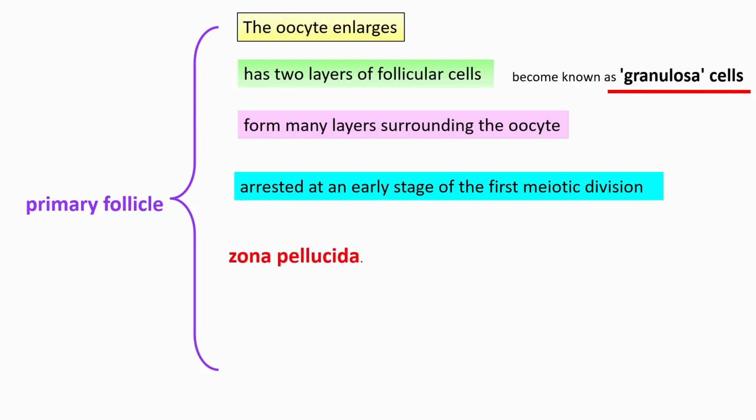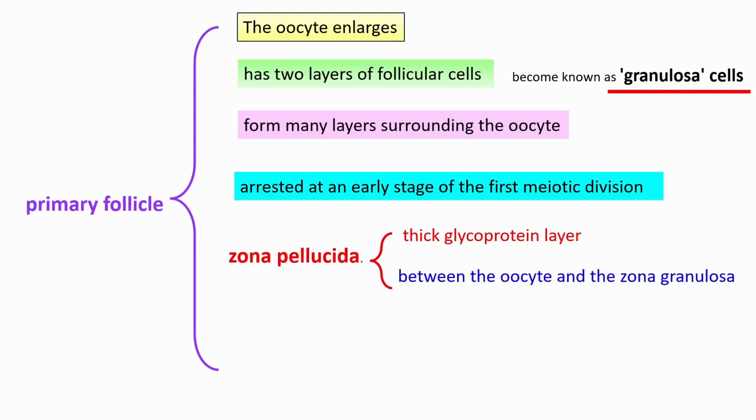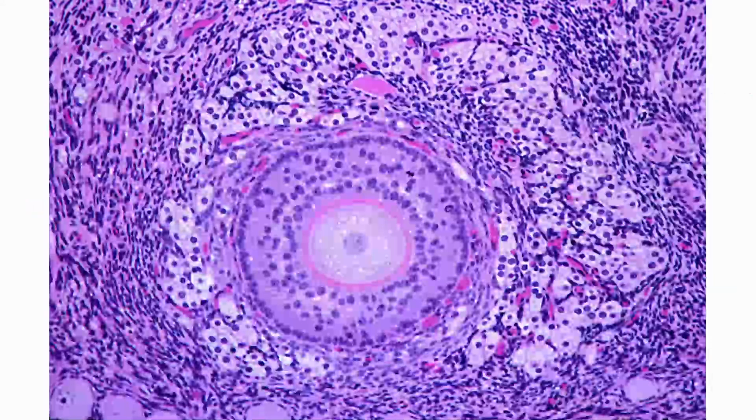Then the zona pellucida. Zona pellucida is a thick glycoprotein layer that is situated between the oocyte and the zona glomerulosa, made of granulosa cells, and it is in a stage of meiosis 1.